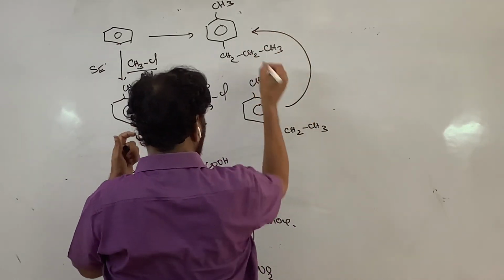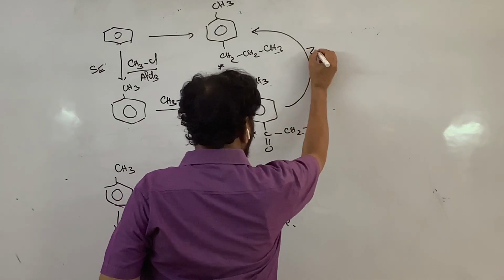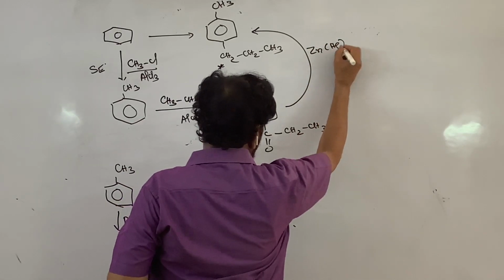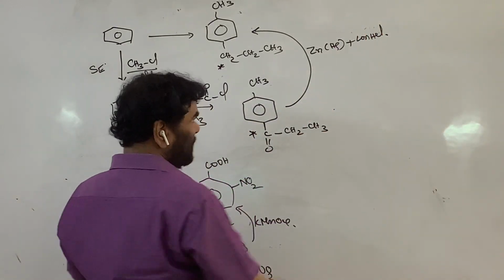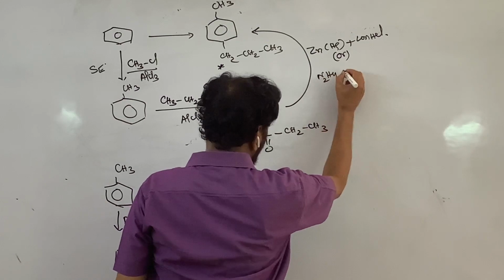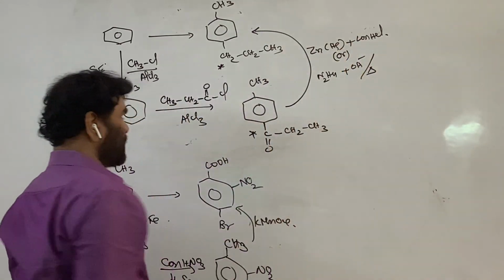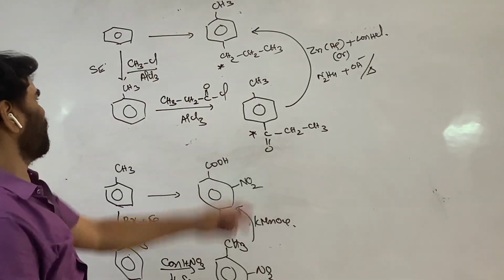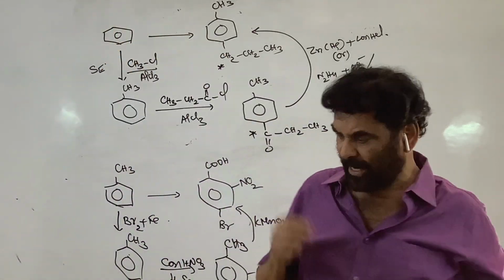This to this we can remove this one, amalgamated. This is Clemmensen reduction, or N2H4 hydrazine plus alkali, Wolff-Kishner reduction. There are many ways, and the four reagents, and this is the good scheme of reaction.